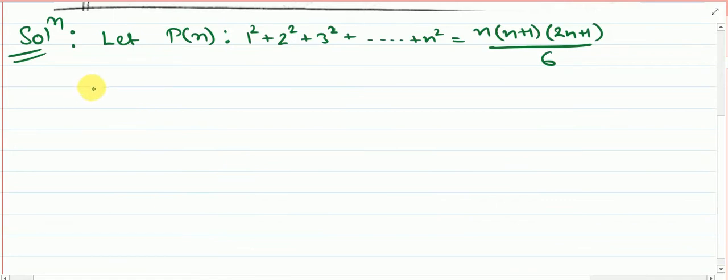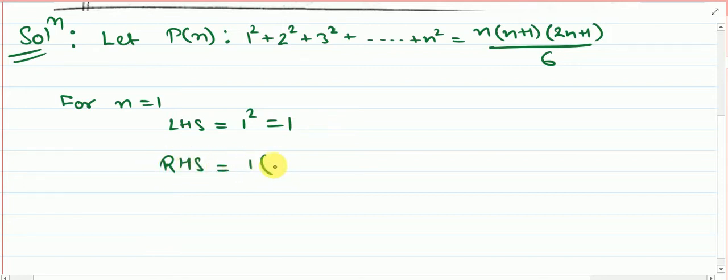So firstly we have to show that this statement is true for n equal to 1. For n equal to 1, your left hand side will be 1 square, that is 1, and your right hand side will be 1 plus 1, 2 into 1 plus 1, upon 6.